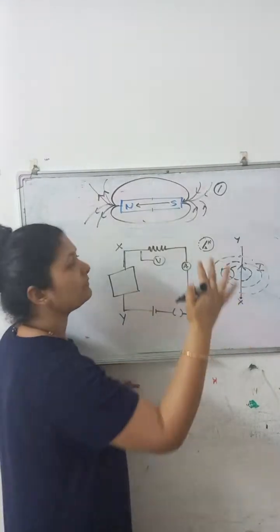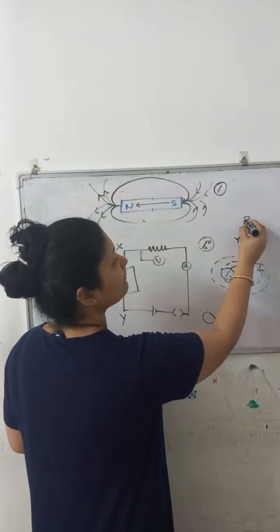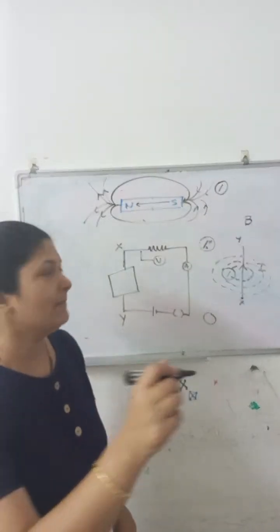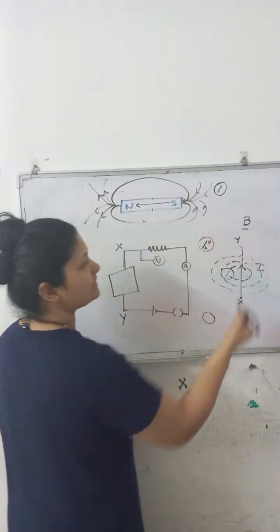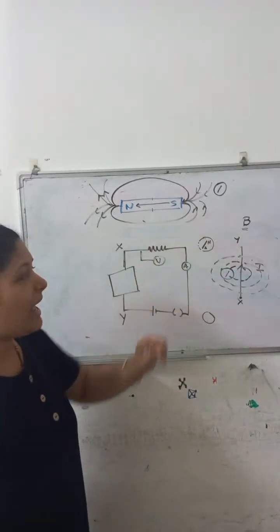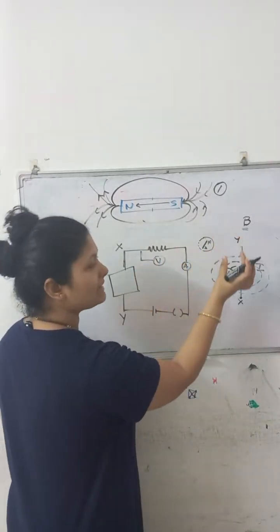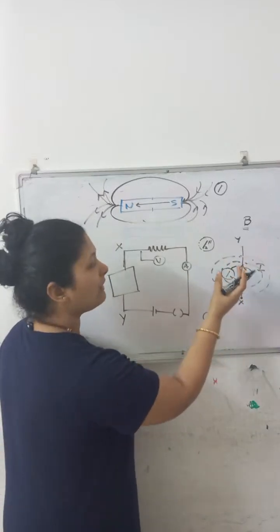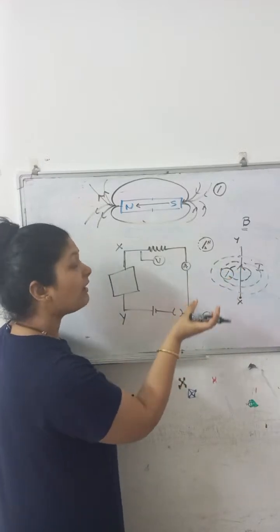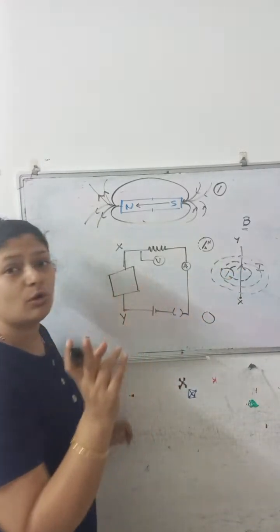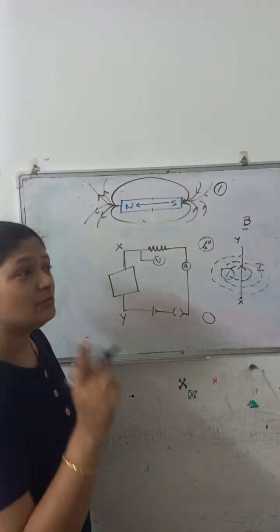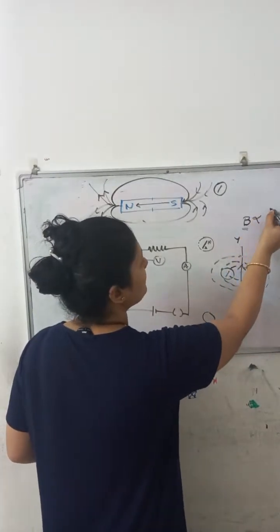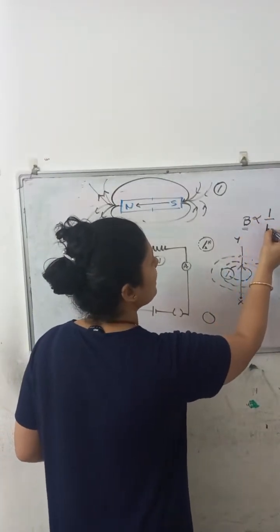From this we can say that the magnetic field we represent by the letter B, and its measuring unit is Tesla, T. As we bring the magnetic compass near the current carrying conductor, it shows more deflection, and when we take it away from the magnetic field, it shows less deflection. That means we can conclude the magnetic field is inversely proportional to the distance r.